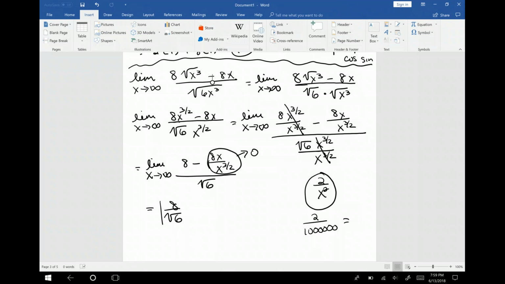Because there's nothing more we can figure out as far as where it's approaching. Because all we're left with is numbers here.